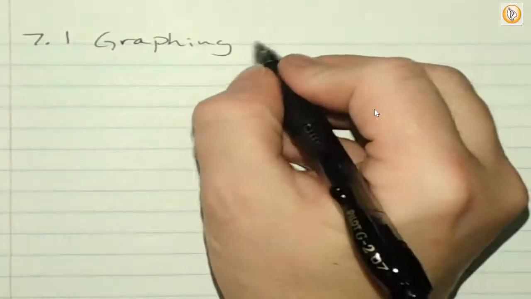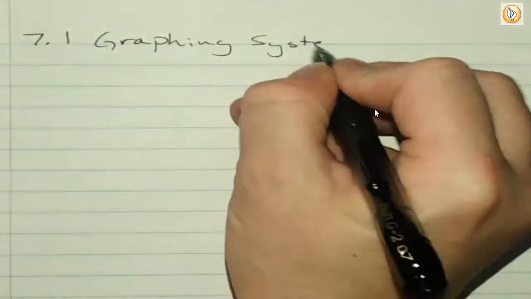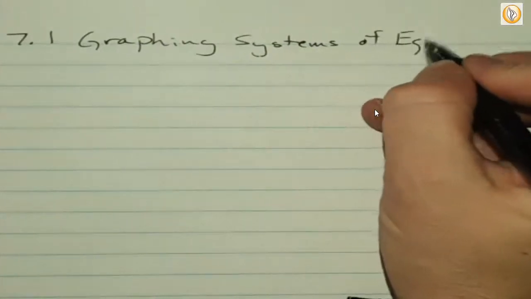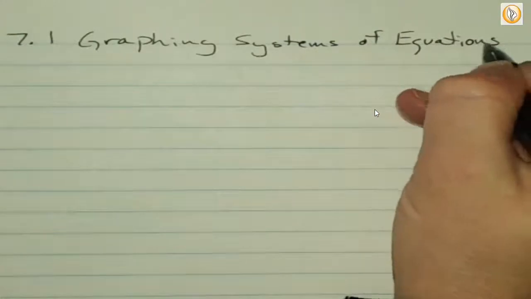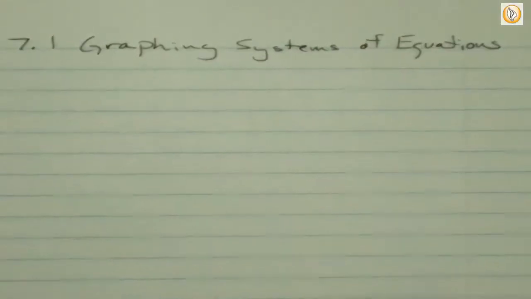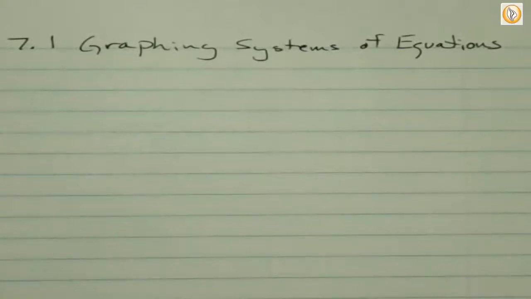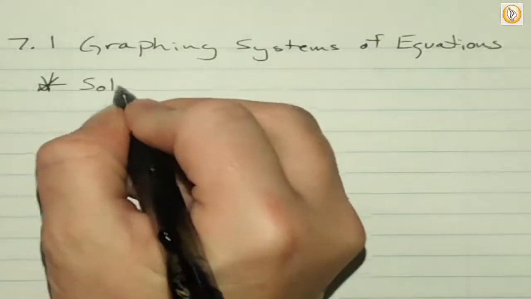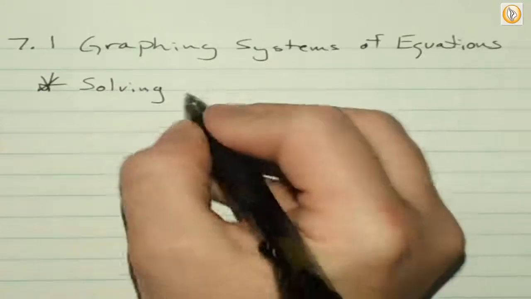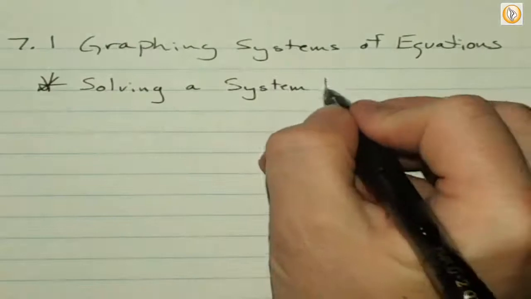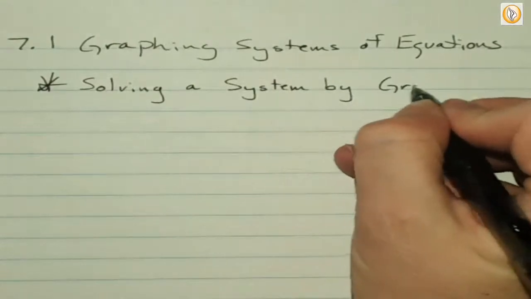Alright, so we are graphing. This whole chapter is called Graphing Systems of Equations. That's what we're going to be doing. 7.1 deals with solving a system by graphing.